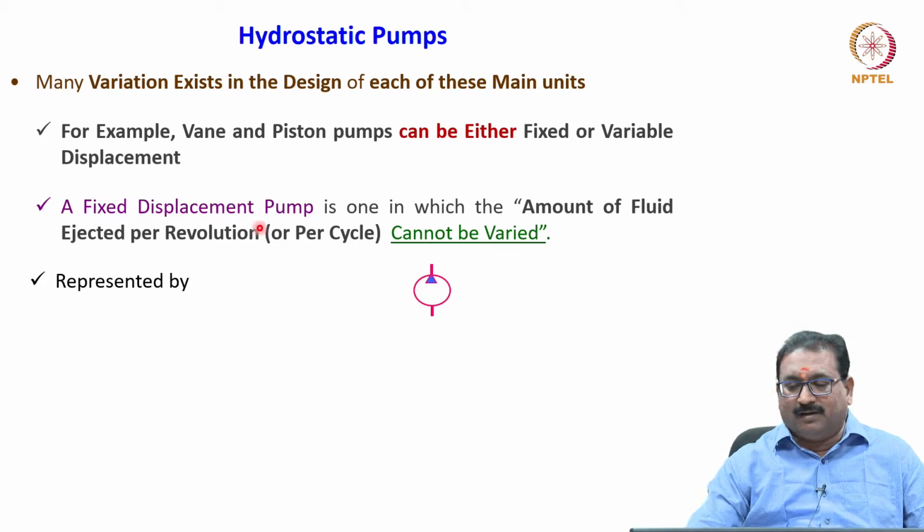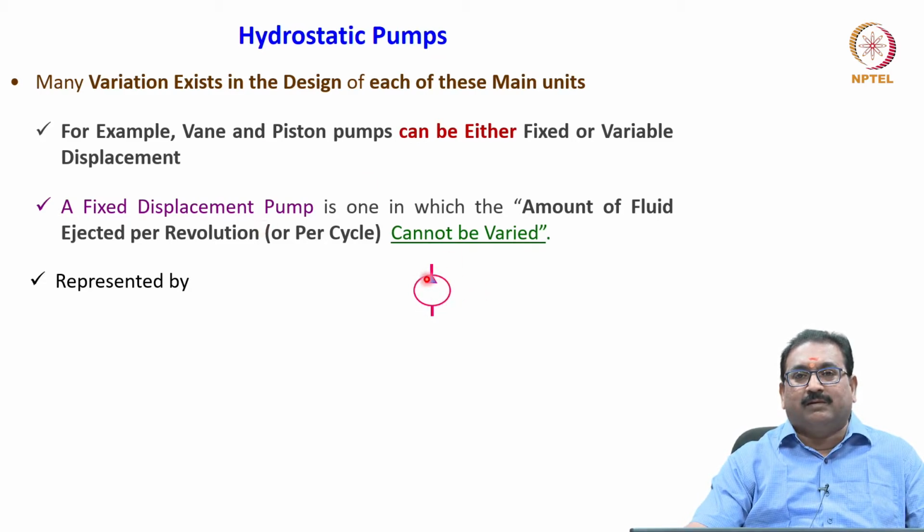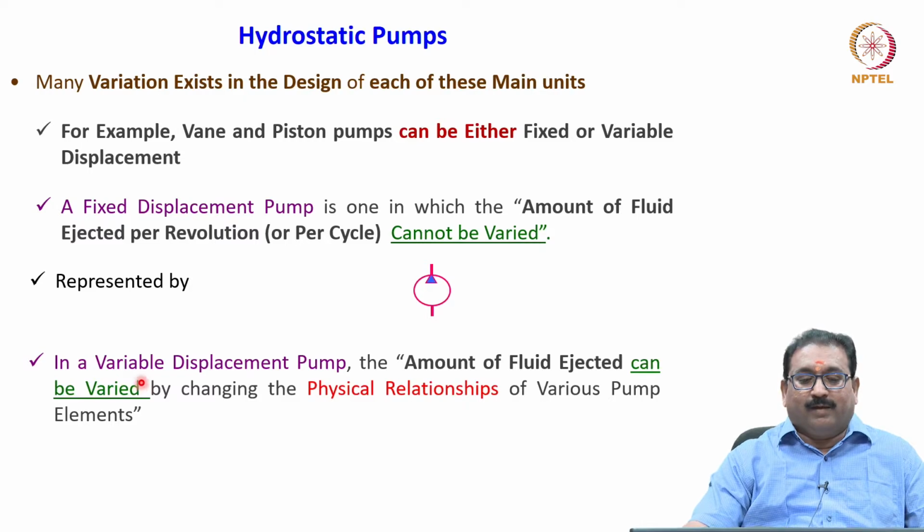They are represented, as we have discussed in the symbols: a circle, a filled triangle, inlet, outlet. Please note the direction of the triangle; filled is hydraulic. In a variable displacement pump, the amount of fluid ejected can be varied by changing the physical relationships of the various pump elements.